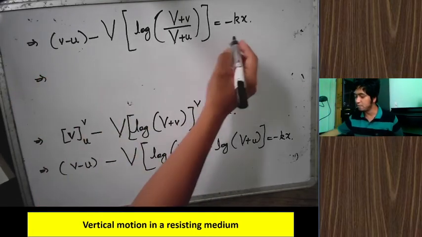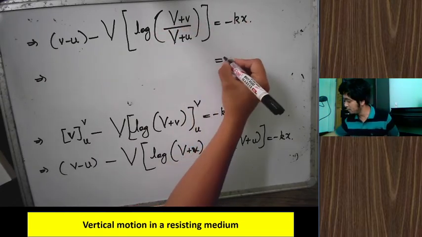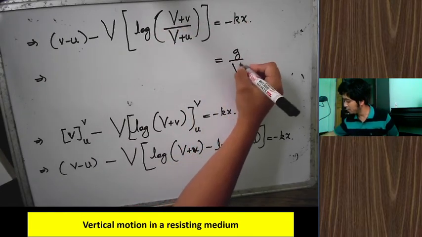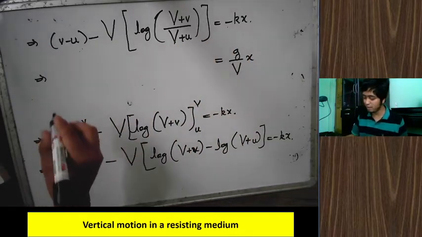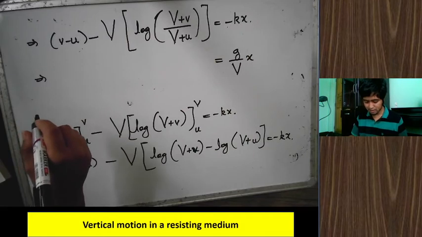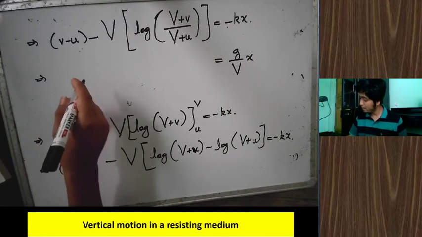We just have to substitute in the value for k. K is g by capital V, so g by capital V times x. Over here I will multiply the whole thing by minus V upon g.